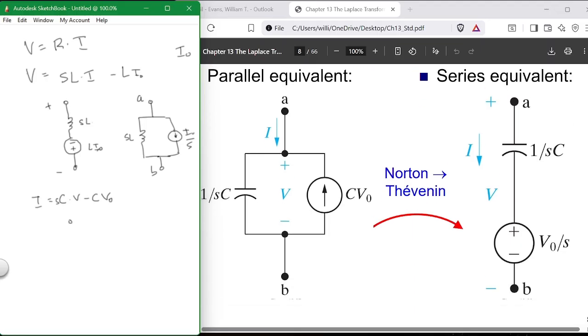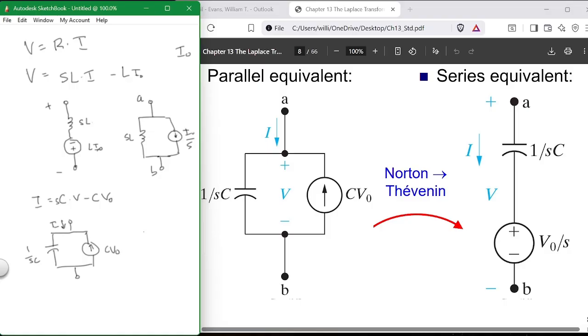Then you've got capacitance, 1 over S C. So this is I going in, 1 over S C, and then you've got a current going the other way, which is C times V0.